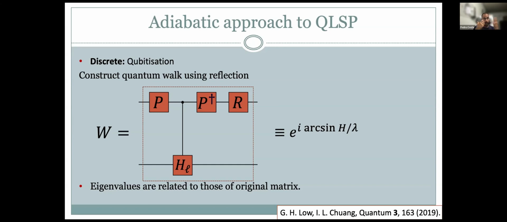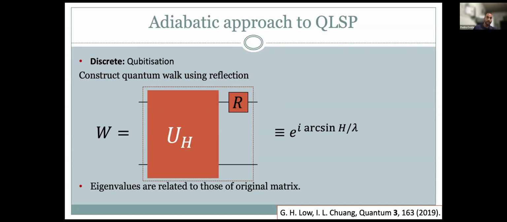So you have to write a way to construct a unitary and get the properties of a unitary. You have to find the gaps of the unitary in terms of the unitary circle, and the easiest way to do that is using this qubitization version. Why is that? Because the qubitization gives you information about the unitary, the arcsine of the Hamiltonian.